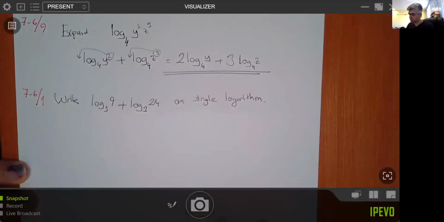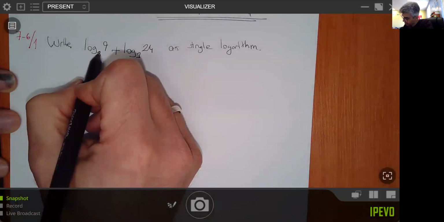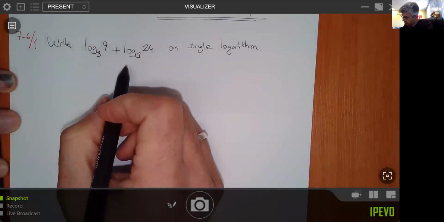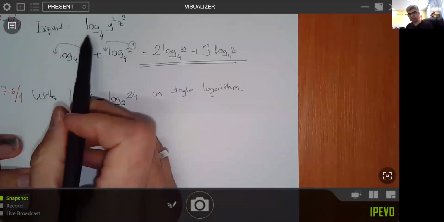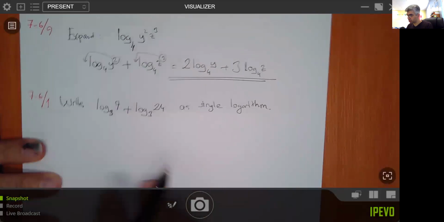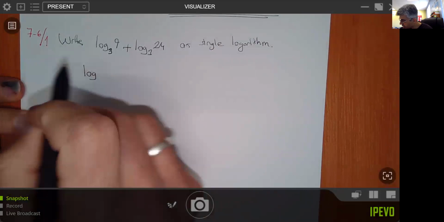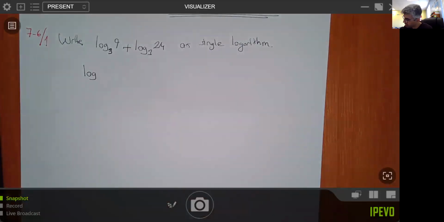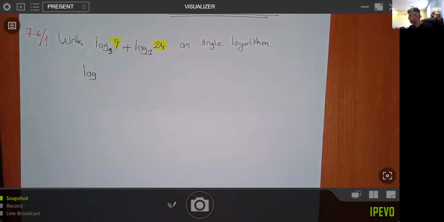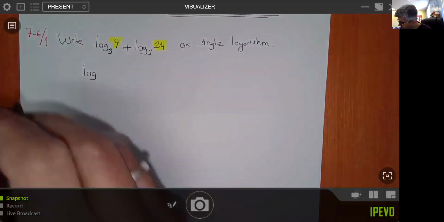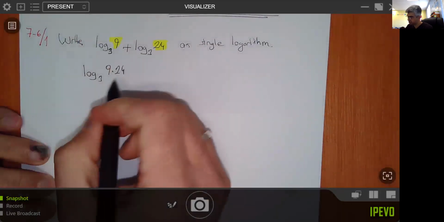All right. So what we do here, guys, is just the opposite operation. Here we have plus, so we write it as times. We multiply these two, pay attention. We multiply 9 and 24, so logarithm of 9 times 24 with base 3.